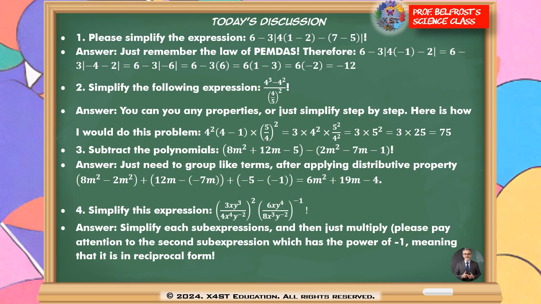You have a rational expression consisting of a subtraction of two exponents, and a fraction which is also in the form of an exponent. You can use any properties and simplify step by step.